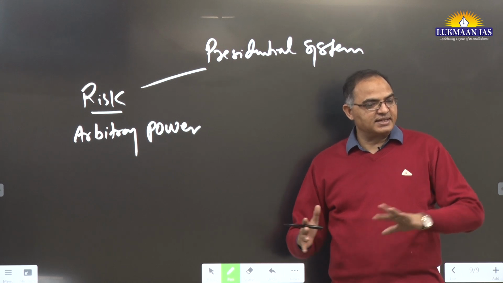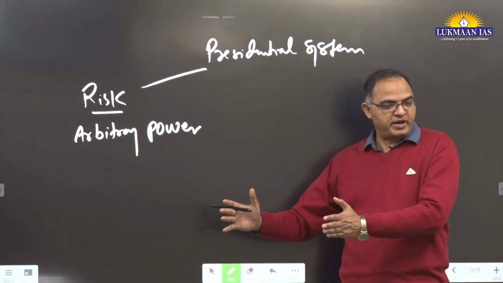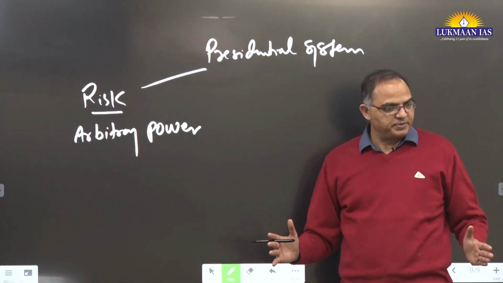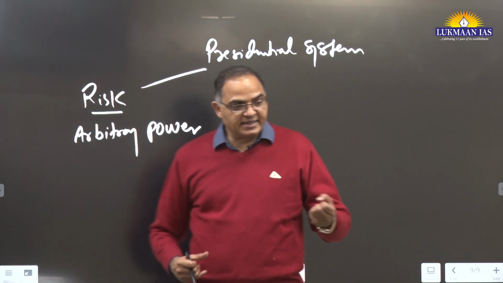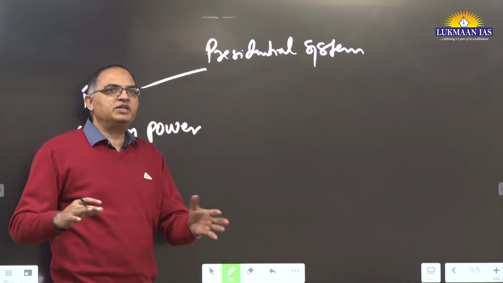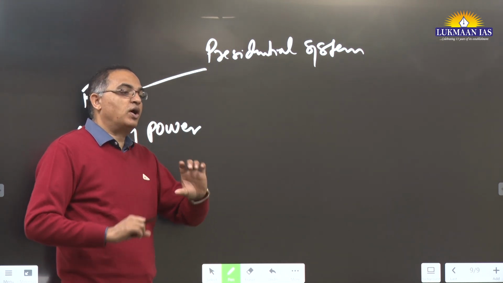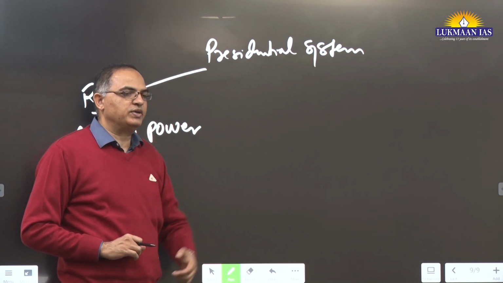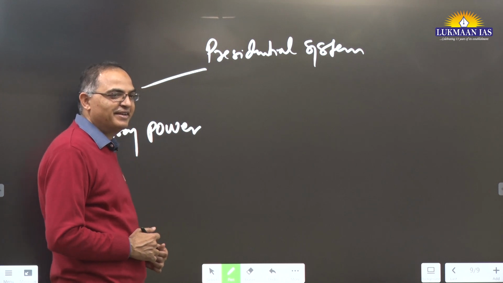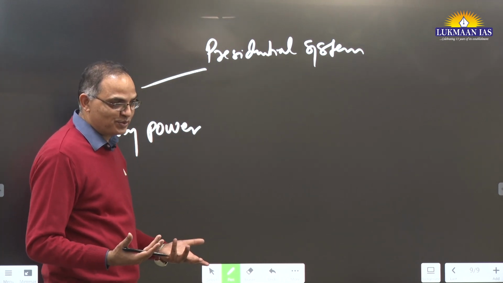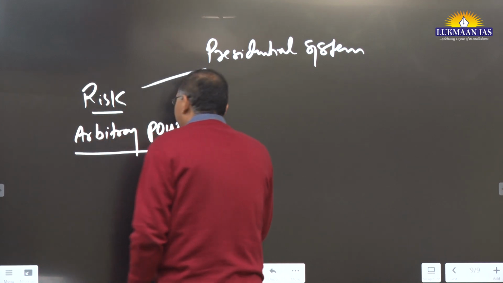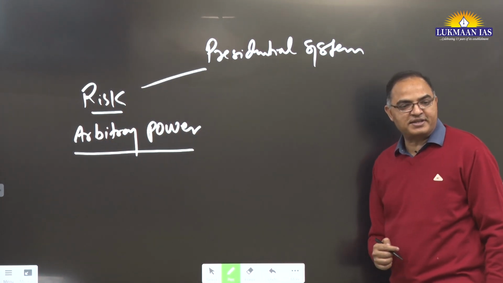Then the conflict between legislature, executive and judiciary, the First Amendment, 24th, 25th, 42nd Amendment Act, all these things happened. Plus ordinances have been misused. When you read all other topics of polity, you will realize it. Bihar is a state which went on issuing 257 ordinances. President's rule was also misused. You know this. So if you talk about arbitrariness, even parliamentary democracy has experienced arbitrary exercise of powers.